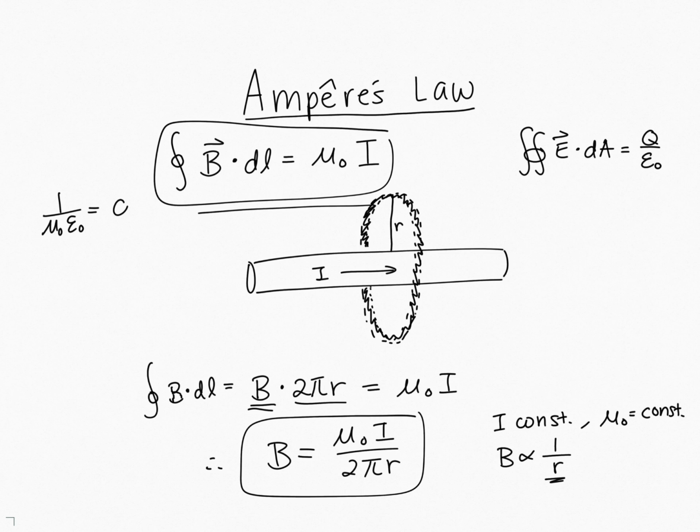So as r increases, namely as we move farther away from the current, our magnetic field strength will decrease. So the farther away we are, the weaker the magnetic field will be, which also makes sense. So here's our expression for B when we have a single wire with a current running through it, and a loop.